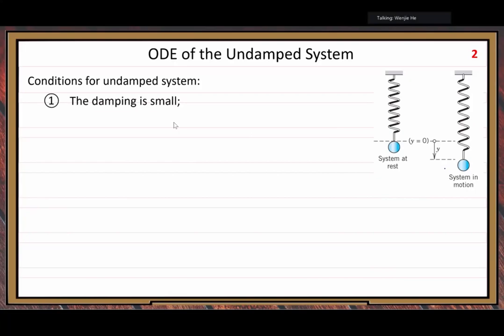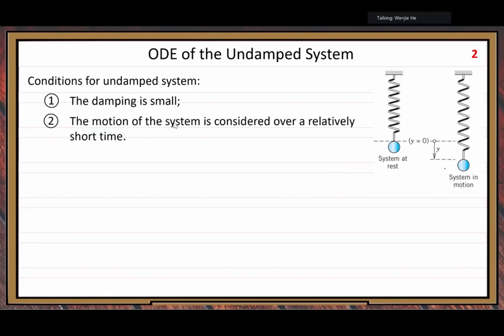Assumption: in the real world you always have a damping part, but in our modeling, when the damping is very small, we ignore it and treat it as an undamped system. Second assumption: the motion of the system is considered over a relatively short period of time.